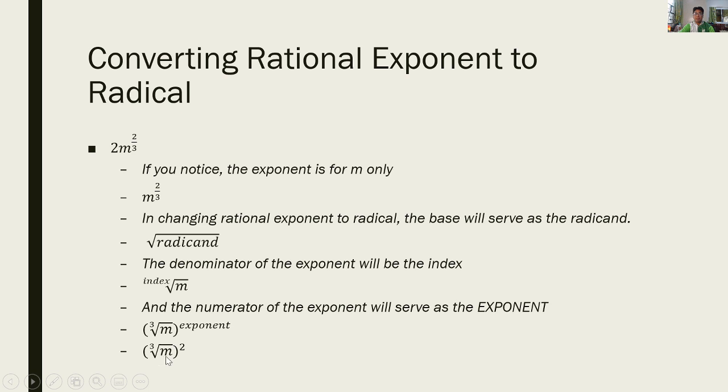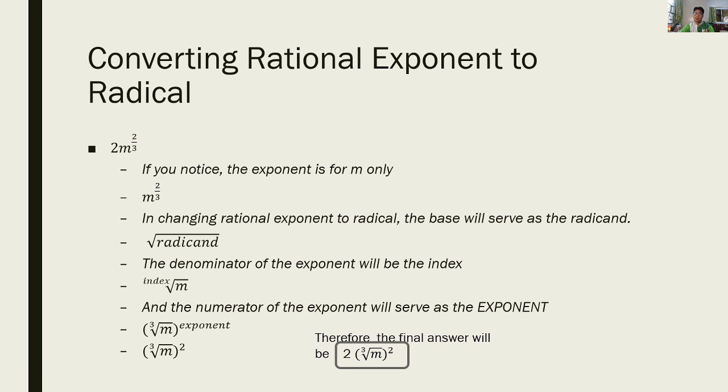Ito yung base. Ito yung denominator ng ating rational exponent, and this is the numerator of our rational exponent. Therefore, the final answer will be, baka malimutan nyo yung 2, may 2 tayo dito. So 2 times the square of cube root of m. Ayan. Pag walang sign sa pagitan, that indicates multiplication.